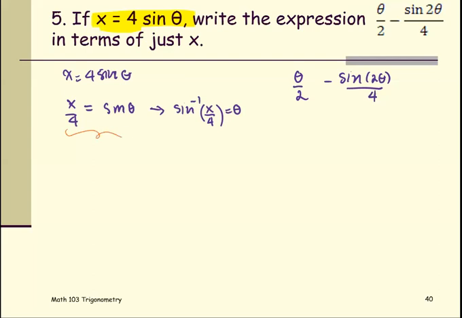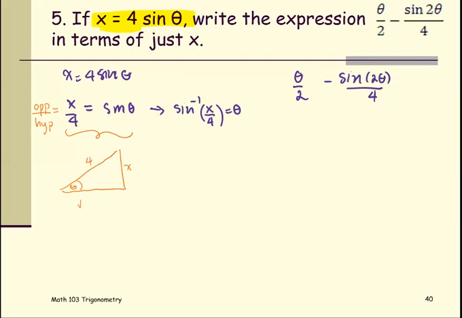And also the sine function, by definition, is the opposite divided by the hypotenuse. We use these two values, x and 4, for the sides of the right triangle. For the sine of theta, the opposite is x, and the hypotenuse is 4.